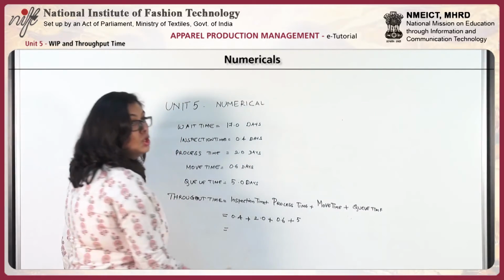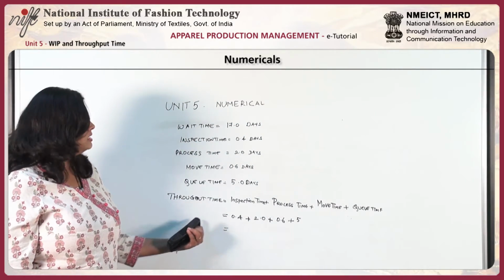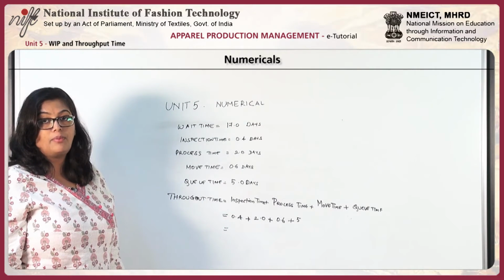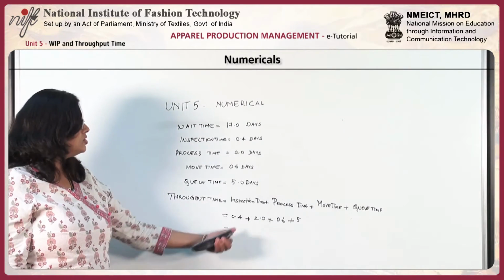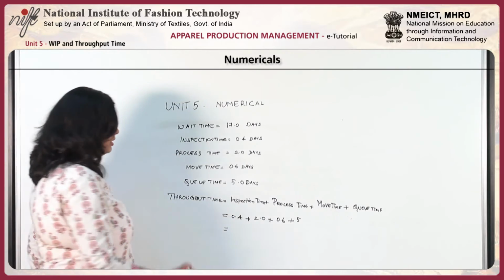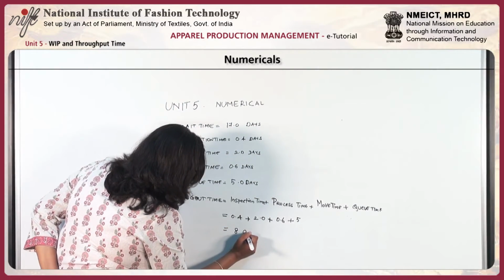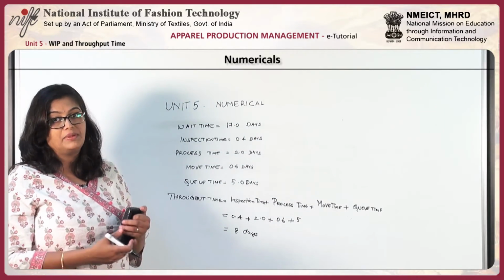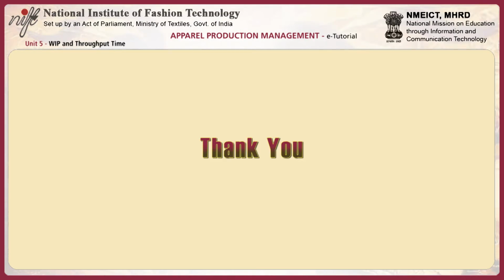So in total, the throughput time is basically the addition of all these 4 major points in a production system. So the total here comes to 8 days. So the throughput time for this particular company is 8 days.